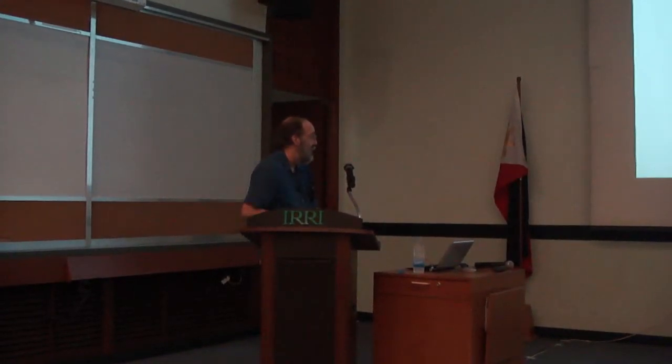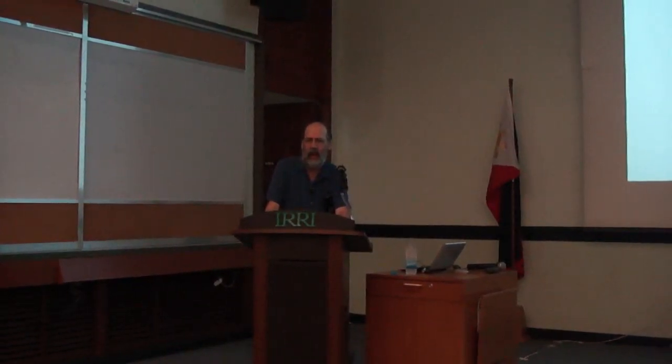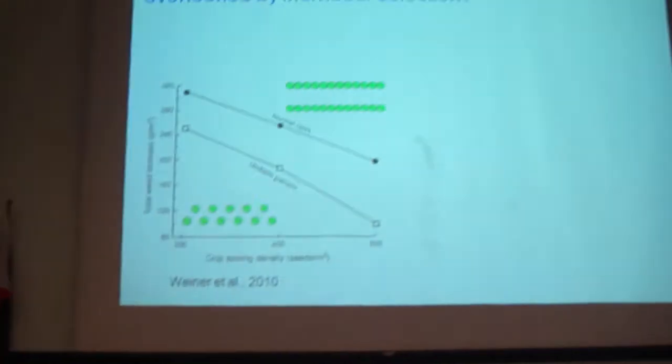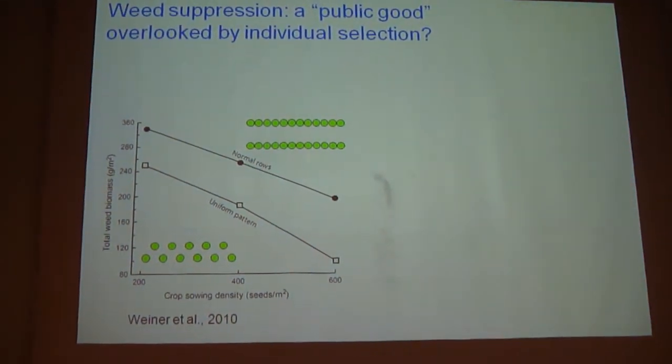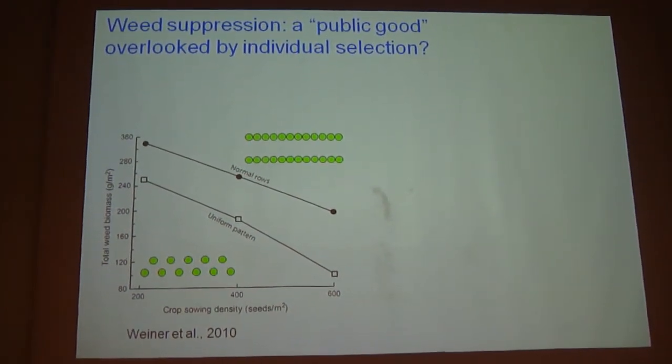So that's the agronomy, and then the associated plant breeding is to modify the phenotypic plasticity responses of crops to crowding, because it suggests that those may not be optimal in terms of weed suppression. So here's some actual data from the agronomic part of his hypothesis.